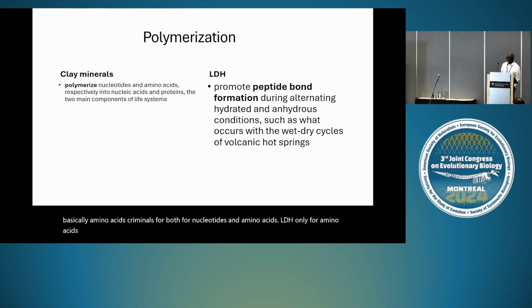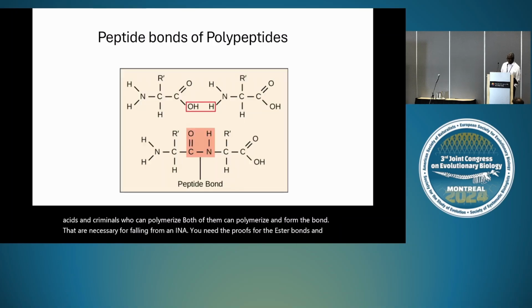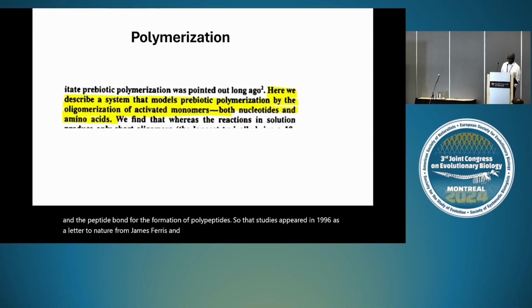And clay mineral also can polymerize. Both of them can polymerize and form the bonds that are necessary. For forming RNA, you need the phosphodiester bonds, and the peptide bond for the formation of polypeptides. That study appeared in 1996 as a letter to Nature from James Ferris and collaborators, where they wrote: here we will describe a system that models prebiotic polymerization by the oligomerization of activated monomers, both nucleotides and amino acids.